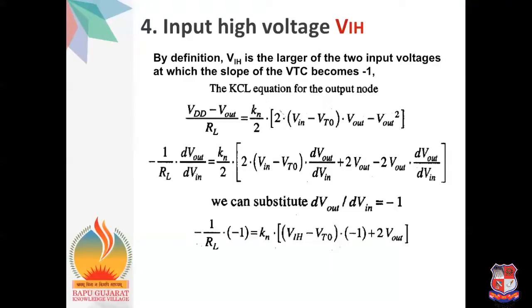So by putting this, we have -1/RL equal to Kn/2 [...]. Here the 2 is gone, because by simplifying these equations with dVout/dVin equal to -1, we get this equation. We further simplify these equations to find out the VIH. So VIH equals VTO + 2Vout - 1/(KnRL). So this is the input high voltage VIH value.